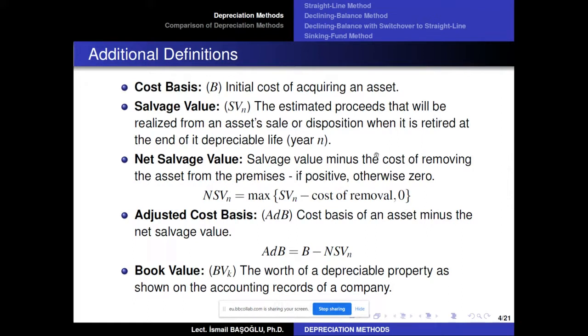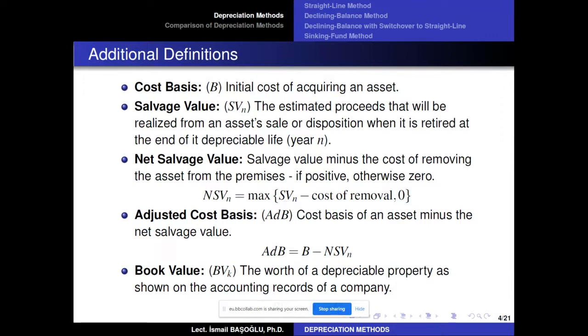For example, if you are going to dispose of it, there will be some disposition cost as well. By subtracting that cost of removal from the salvage value, you get the net salvage value, if there is still a positive revenue from there. But sometimes the cost of removal can be greater than the salvage value itself.